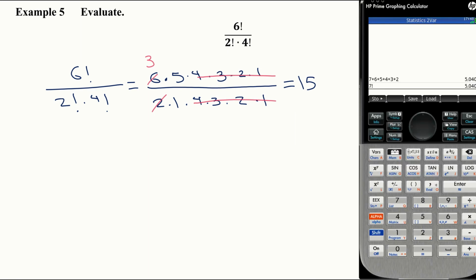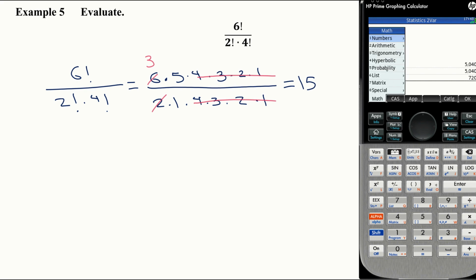We can of course verify using a calculator. So we have 6 factorial, and we'll put that in parentheses, divided by the quantity 2 factorial times 4 factorial.